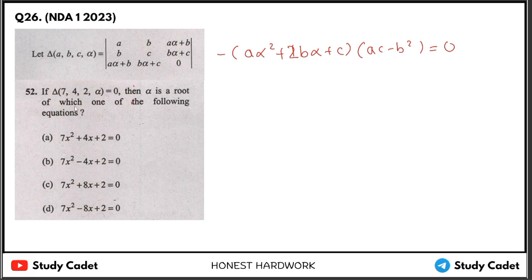So alpha is a root of this equation. So simply put, 7 alpha squared plus 4, 8 alpha plus C, that is option 2. This one is correct.